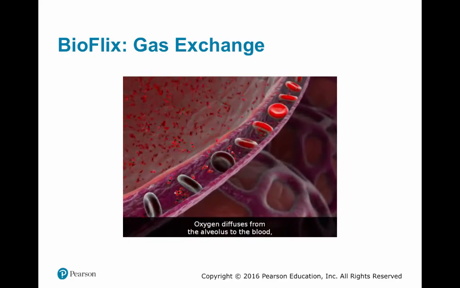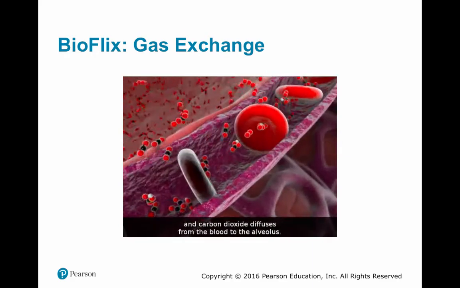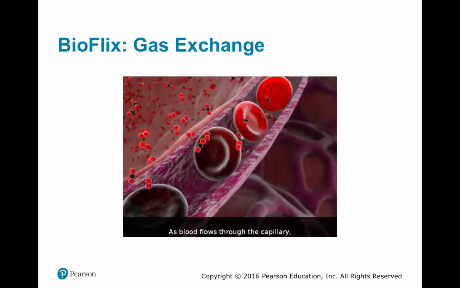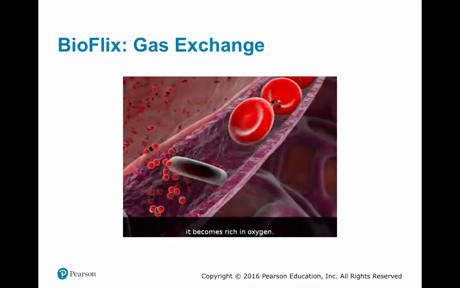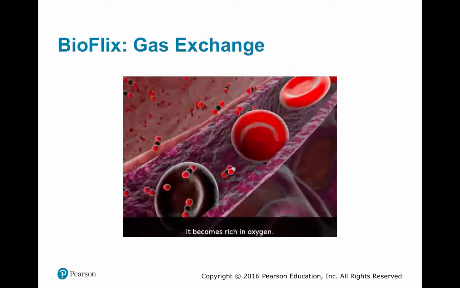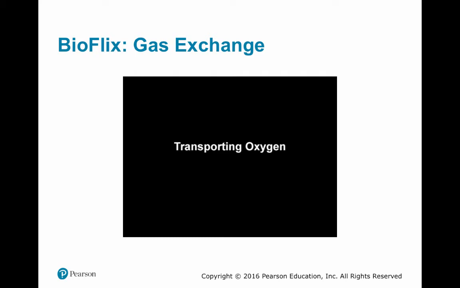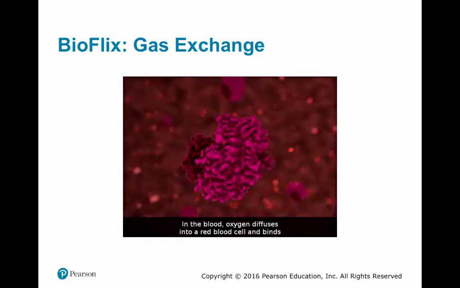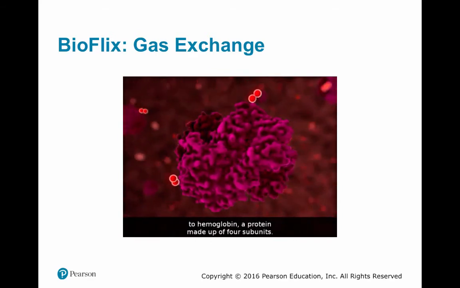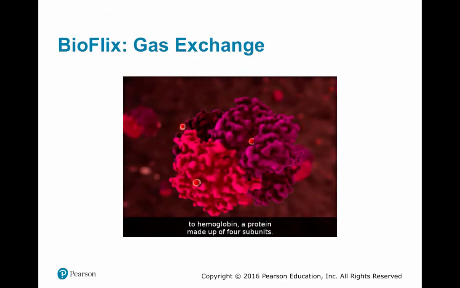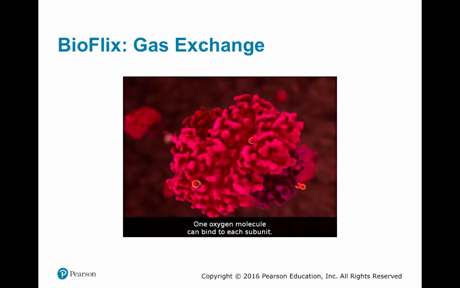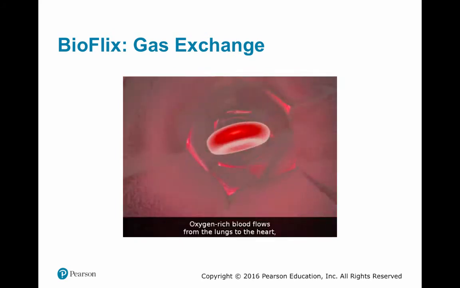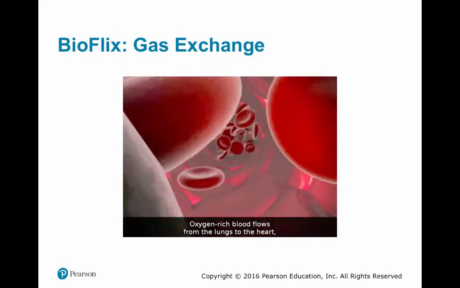Oxygen diffuses from the alveolus to the blood, and carbon dioxide diffuses from the blood to the alveolus. As blood flows through the capillary, it becomes rich in oxygen. In the blood, oxygen diffuses into a red blood cell and binds to hemoglobin, a protein made up of 4 subunits. One oxygen molecule can bind to each subunit. Oxygen-rich blood flows from the lungs to the heart.